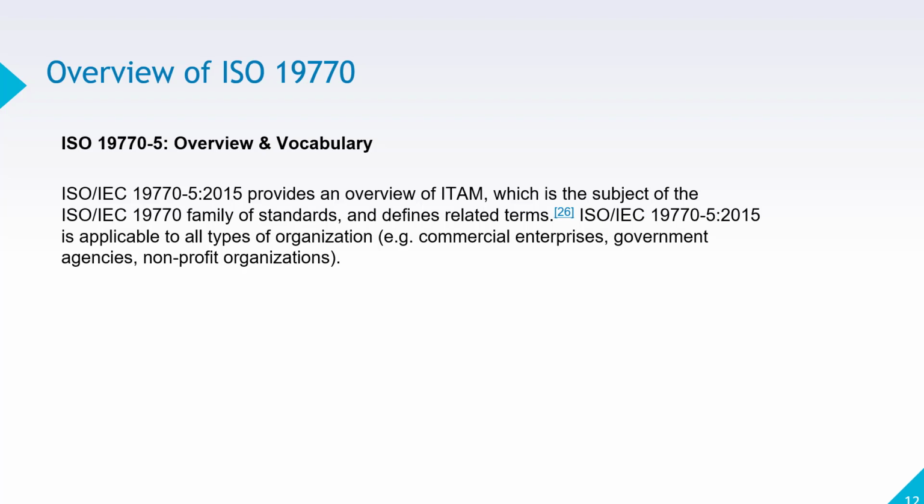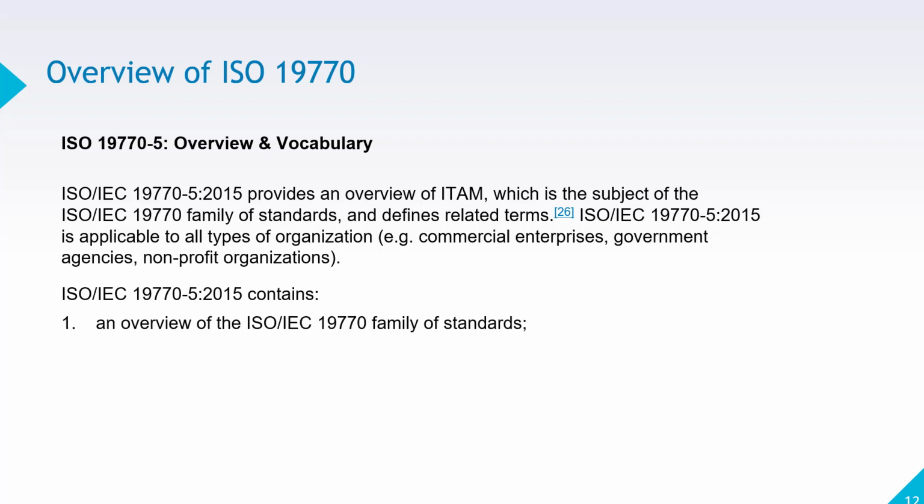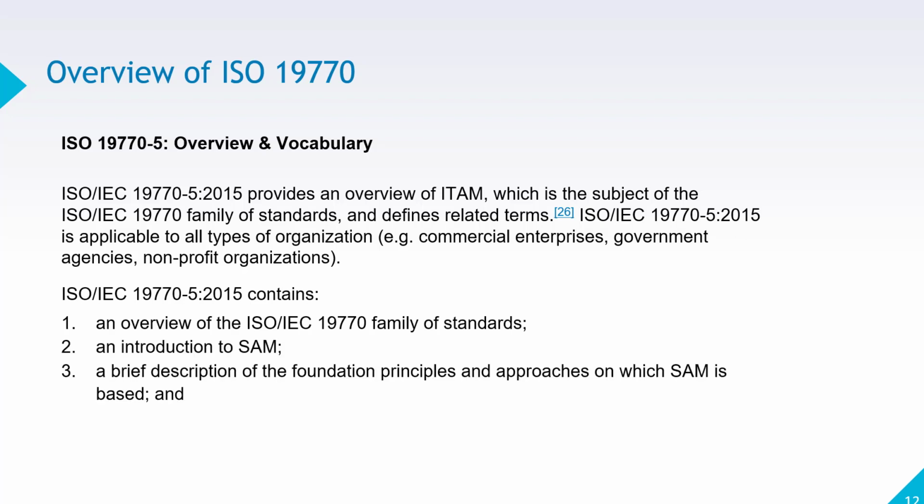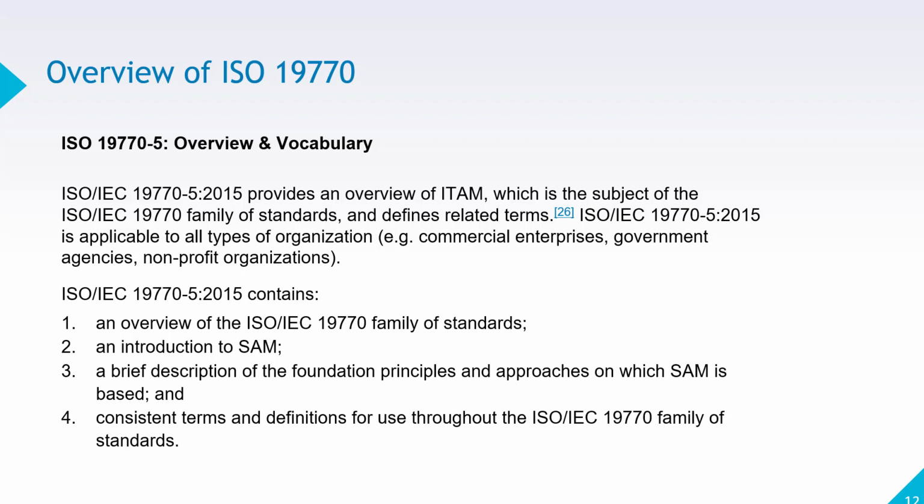For example, commercial enterprises, government agencies, and non-profit organizations. ISO 19770-5 for the year 2015 contains an overview of the ISO 19770 family of standards, an introduction to SAM, a brief description of the foundation principles and approaches on which SAM is based, and consistent terms and definitions for use throughout the ISO 19770 family of standards.